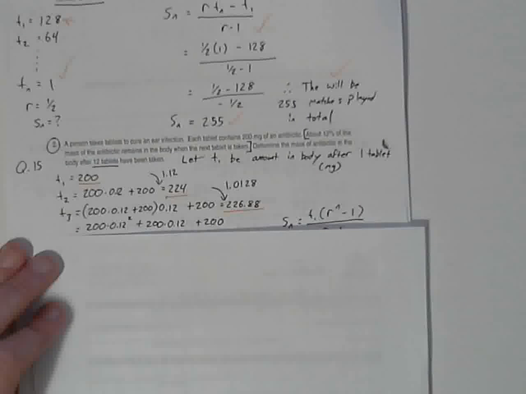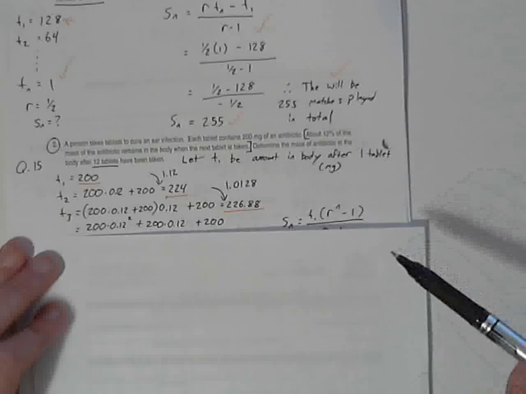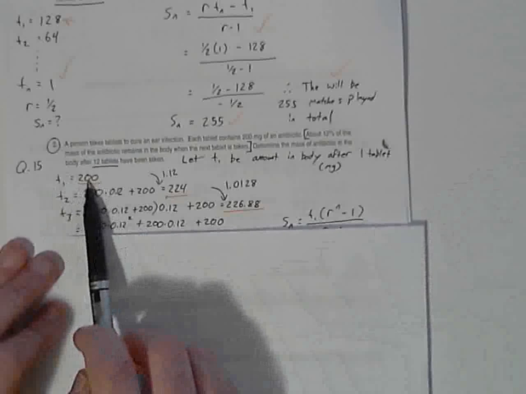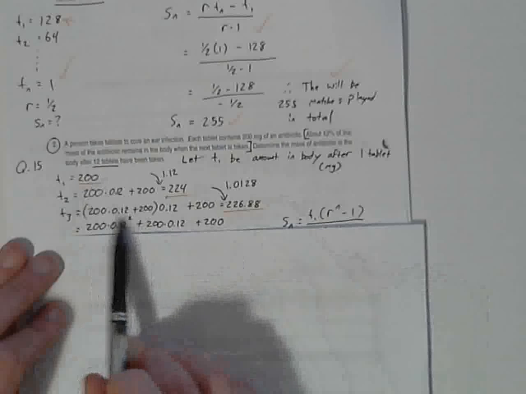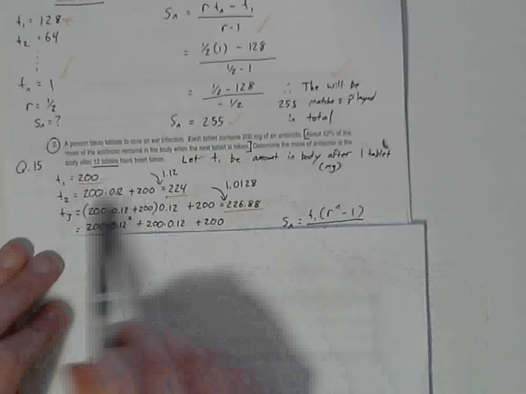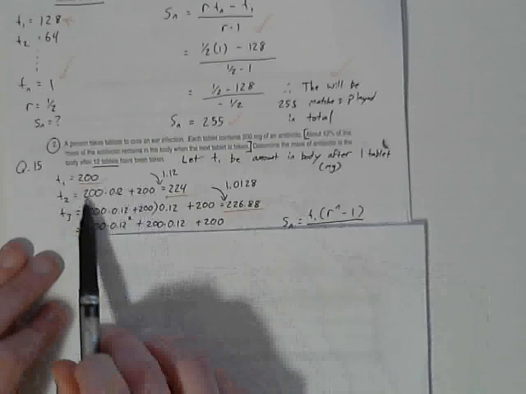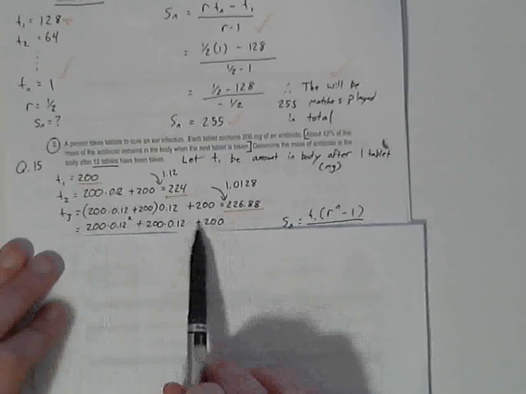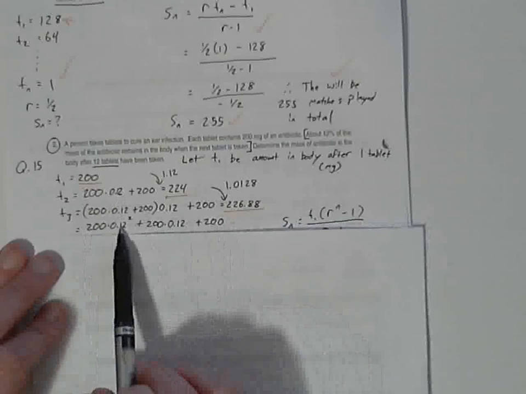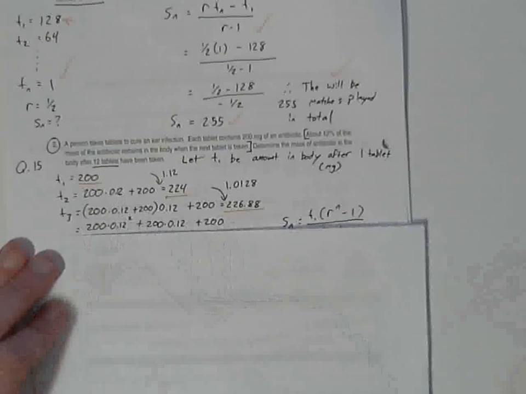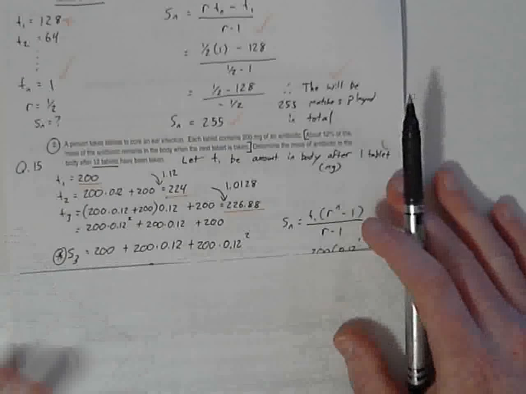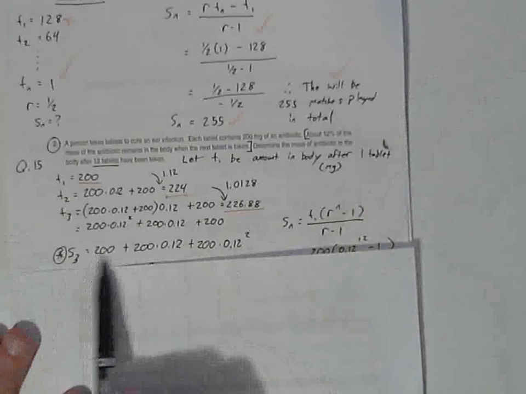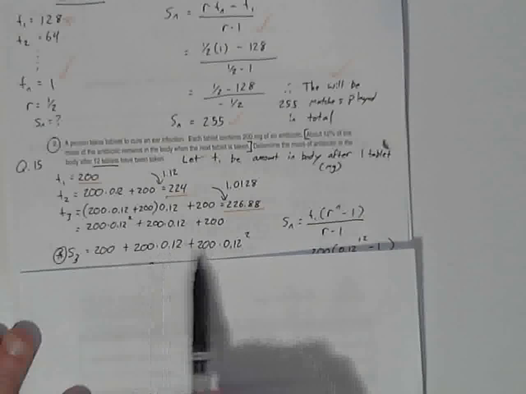So our term 1 is 200, and our R value will end up being 12%, because this ends up being the 200 plus our 200 times 1R. This is 200 plus 200 times 1R plus 200 times 2Rs. So if we look at it that way, it actually makes sense. To rewrite S3 the opposite direction, it's actually 200 plus 200R plus 200R squared. So it is actually like a series in that sense.